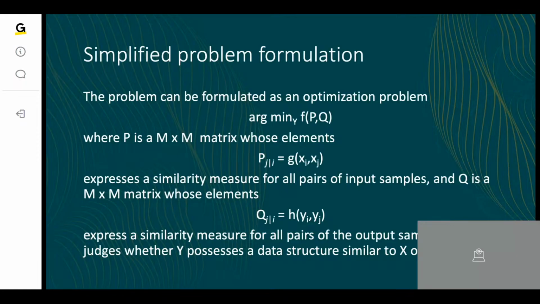So look at it from this point of view. Let's say this metric P gives you the probability of the point J being picked in the higher dimensional space when a point I was given to you, right? Similarly, the metric Q denotes the probability of point J being picked in case the point I was given to you in the lower dimensional space.